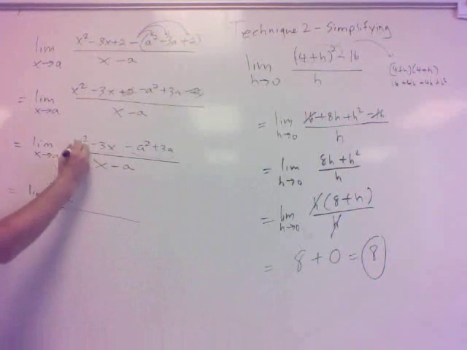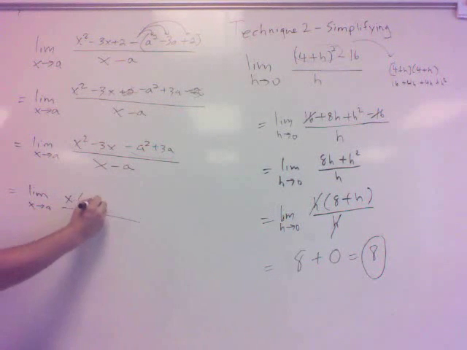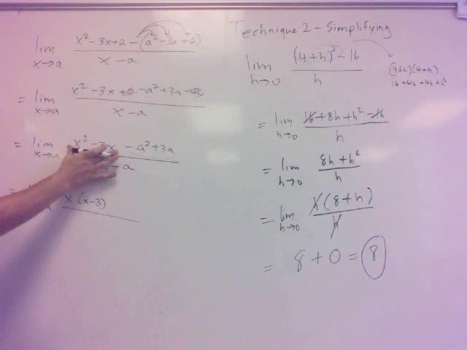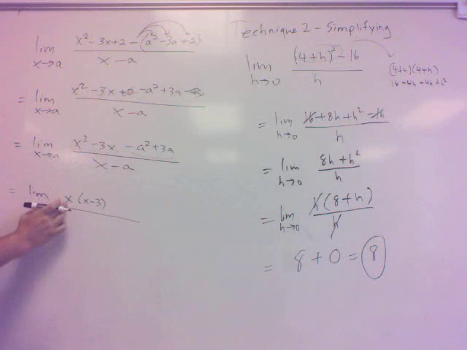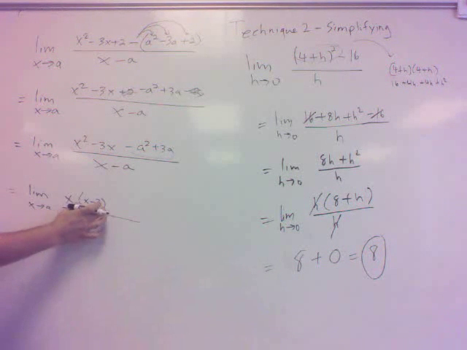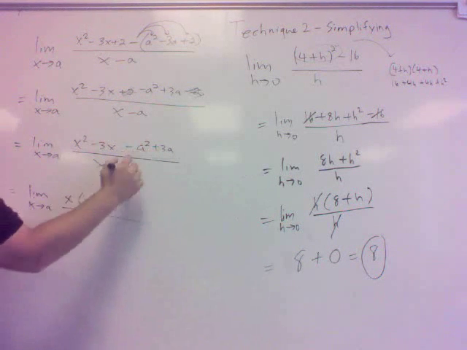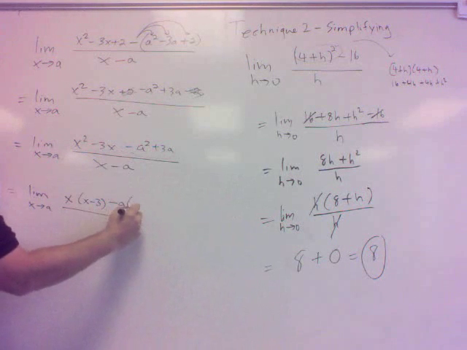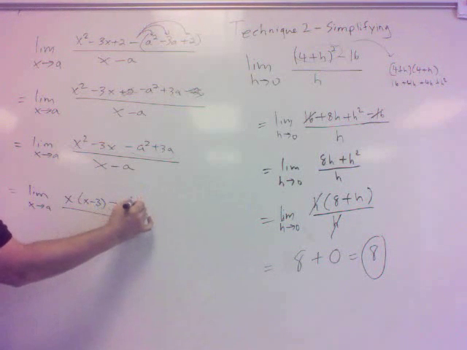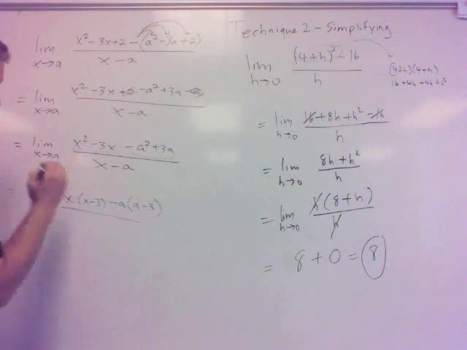That'll be x times x minus 3, right? Because look at the first two, there's a common factor of x. Pull out an x, so it'll be x, and then parentheses x minus 3. Now in the second one, I'm going to pull out a minus a, and notice it'll be a minus 3, won't it?